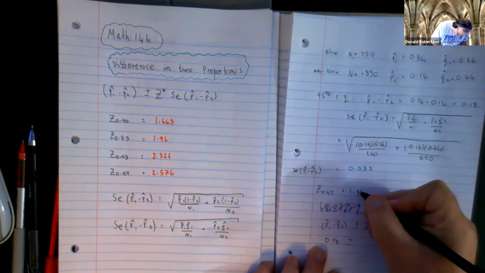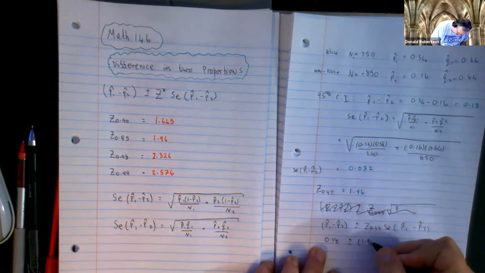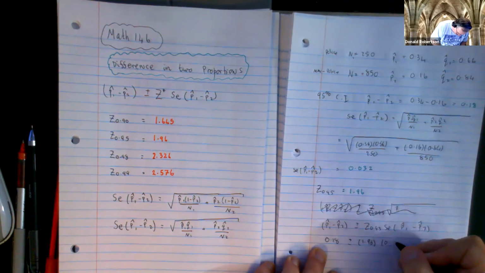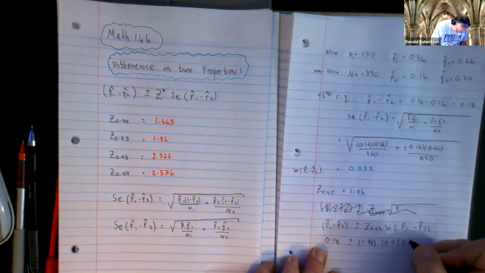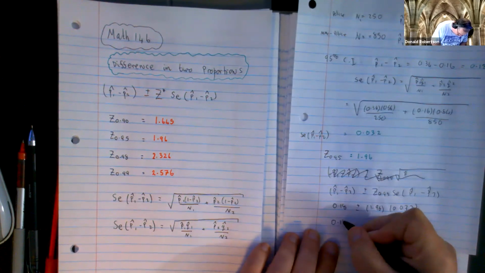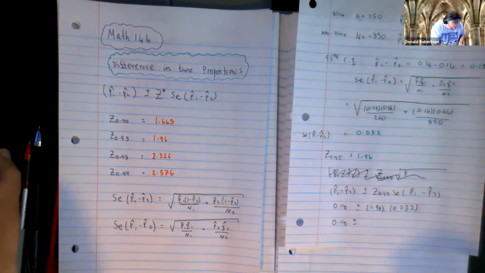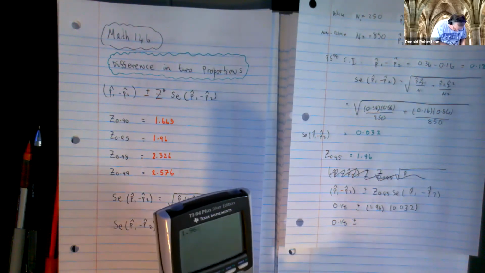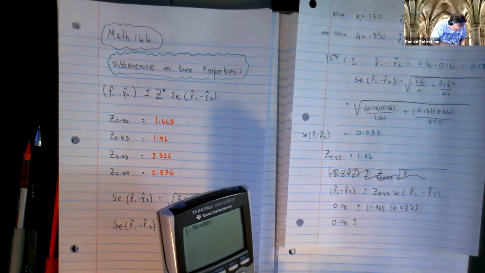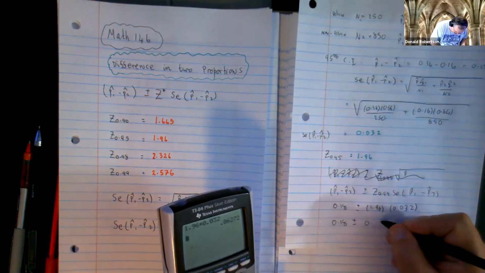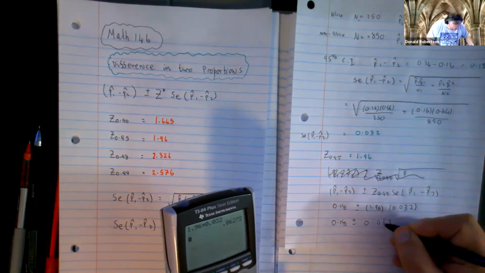It's 1.96, and the standard error is 0.032. So I'm looking at this, and 1.96 times 0.032 is 0.063 to 3 decimal places.